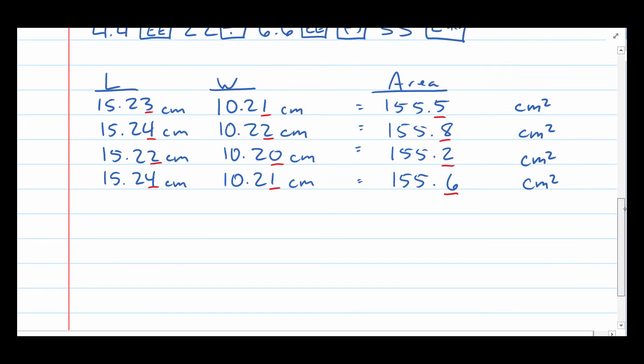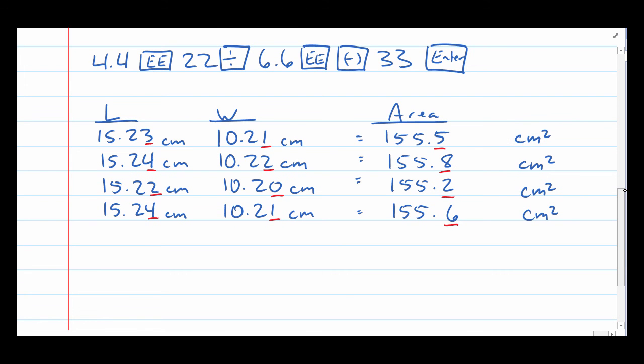So that means if we go back to our values here, and we ask ourselves, how many significant figures does this measurement have? 4. So these all have 4. How many do these all have? 4. So if we have a length that has 4 significant figures and a width that has 4 significant figures, the fewest of 4 and 4 is 4, which means our answer should have 4 significant figures.